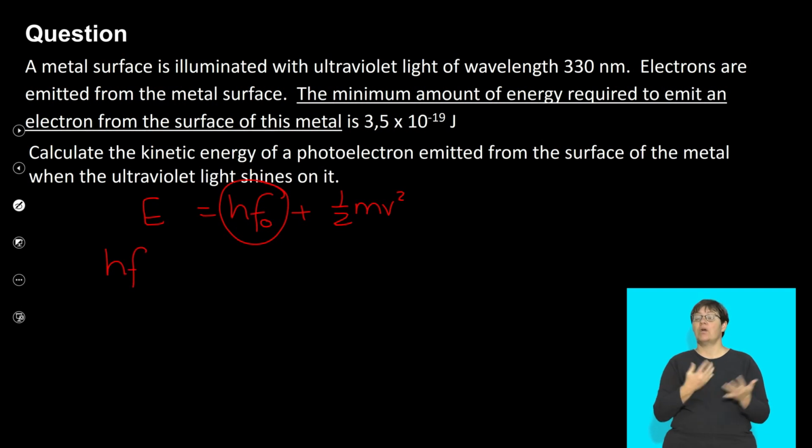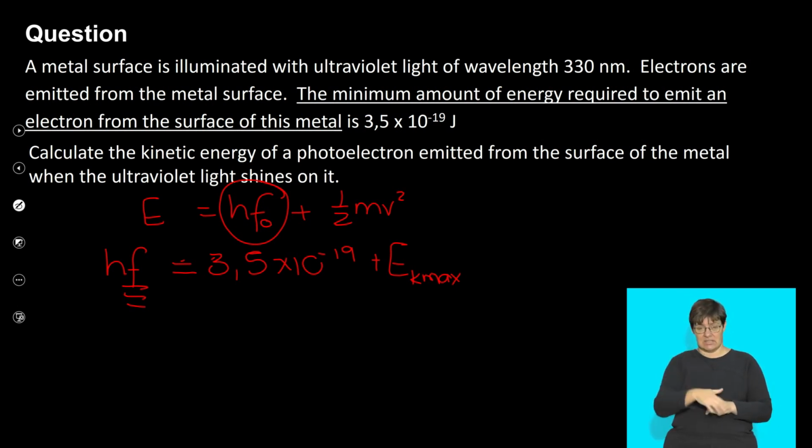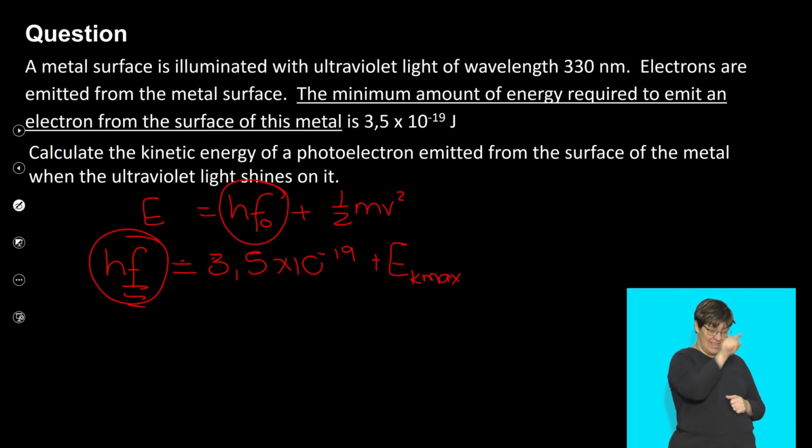We've just worked out f, so we can put that in. They want the kinetic energy. We know this is 3.5 times 10 to the minus 19. And in fact, all we have to do is calculate E max. We didn't need the velocity. So just be careful. This is why you needed the question we just worked out. This actually makes it not so bad. Okay?